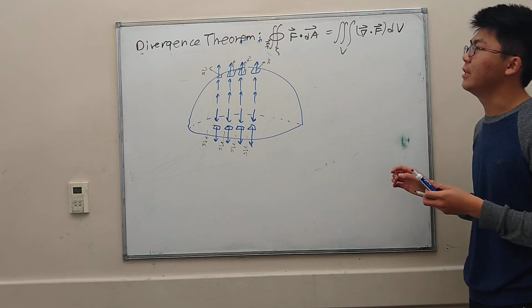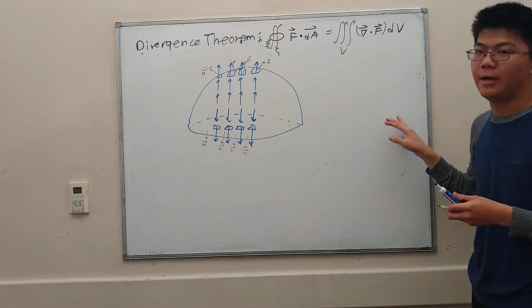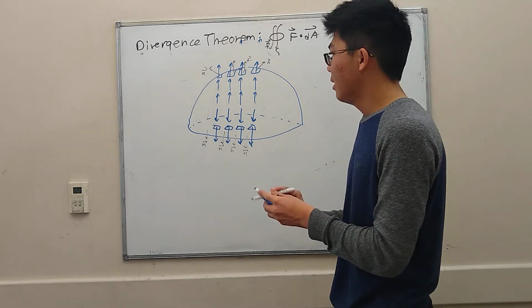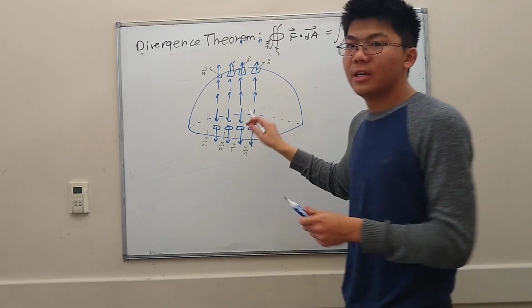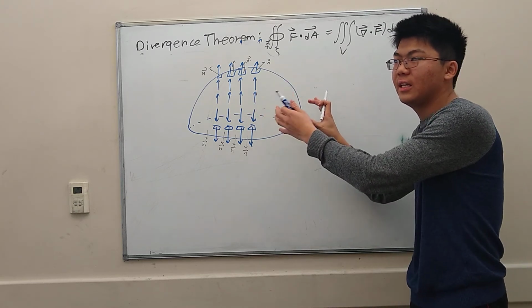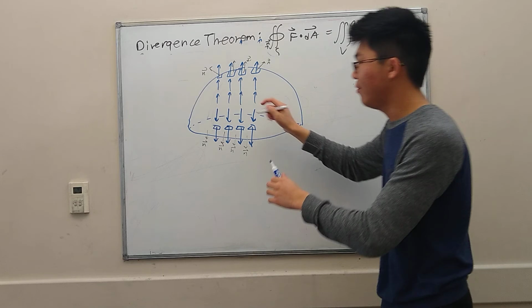For this vector field, let's use the divergence theorem. We notice that the divergence here, everywhere along the solid, is 0, except for this portion.